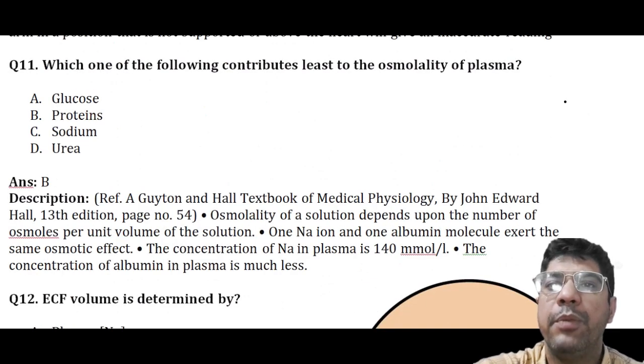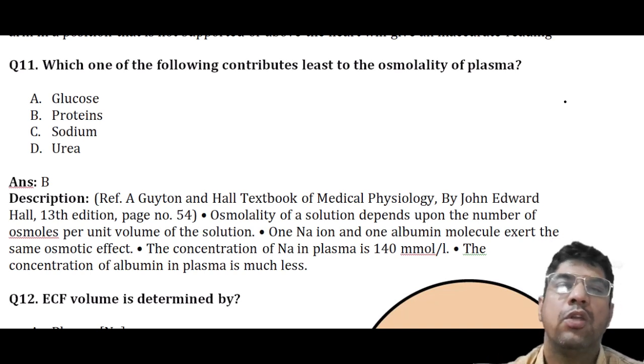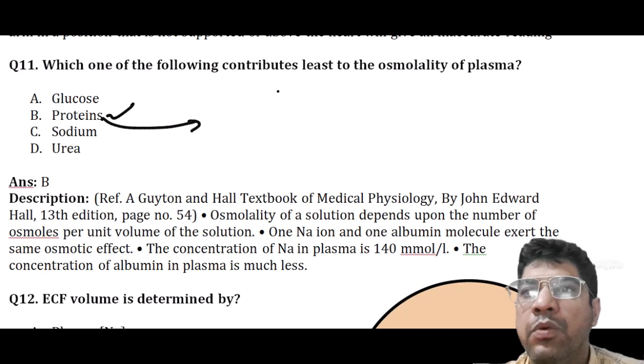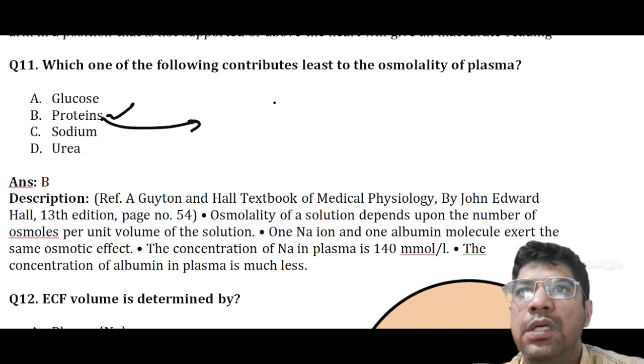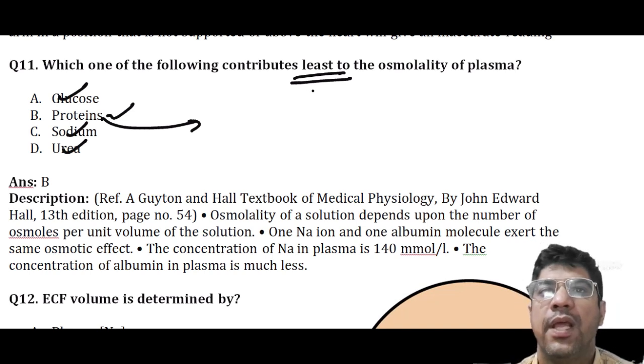Which of the following contributes to the osmolality of the plasma? Among the options, the proteins contribute the least to the osmolality of the plasma, while glucose, sodium and urea help to determine it. Osmolality of plasma measures how concentrated or diluted your blood is.